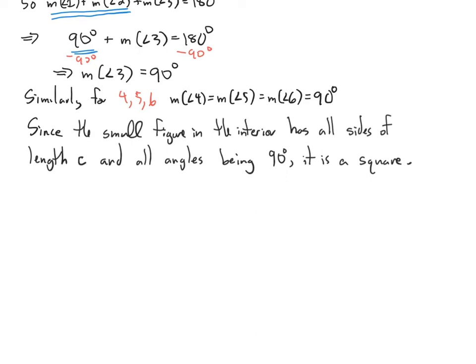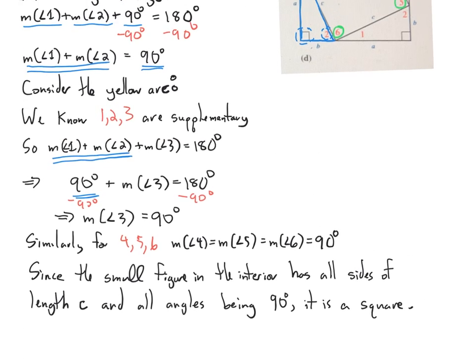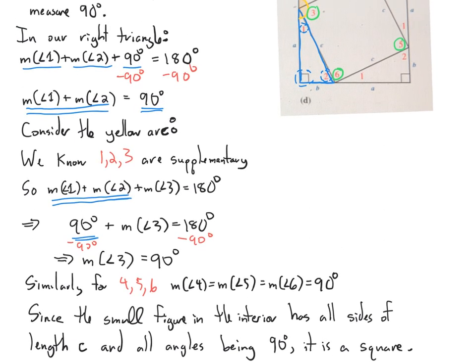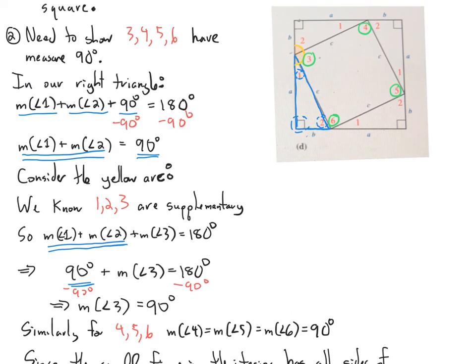That's great. So let me scroll up again just to kind of reiterate what's going on here. So here's our figure. We know that this here is a square. That's what we just proved in part 1, which is very easy. We just had to write it down. We know this bigger figure is a square. Now, if we wanted to calculate the entire area of this bigger figure, well, we could do it in 2 ways.